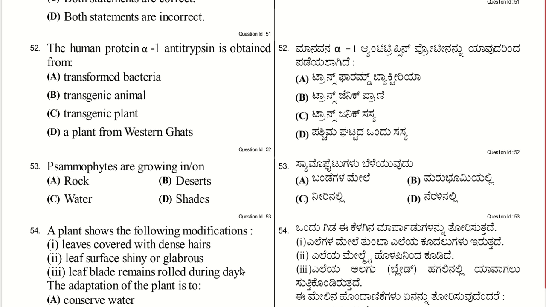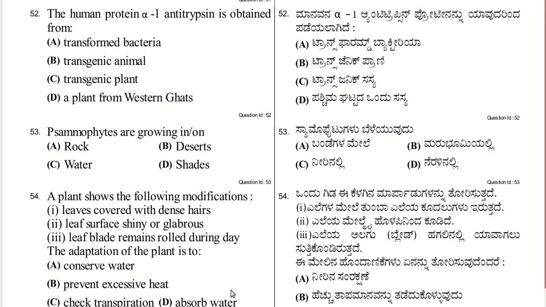54th, the plant shows the following modifications: leaves covered with dense hairs, leaf surface shiny or glabrous, leaf blade remains rolled during the day. The adaptation of the plant is to prevent excessive heat. So 54th, B is the answer.